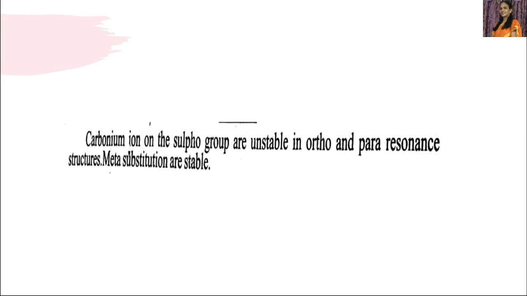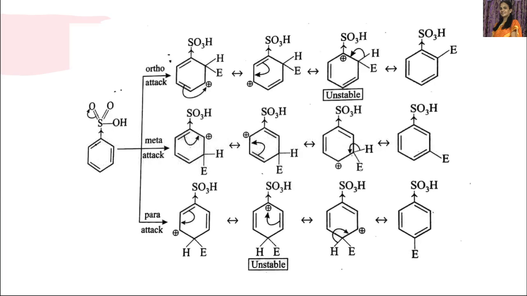Okay. Now, you can see here the carbonium ion and the sulfonic acid group are unstable in ortho and para resonance structures. Meta substitution is stable. This is carbonium ion, this is carbonium ion, that is, the carbon bearing the positive charge. All these are carbonium ions.